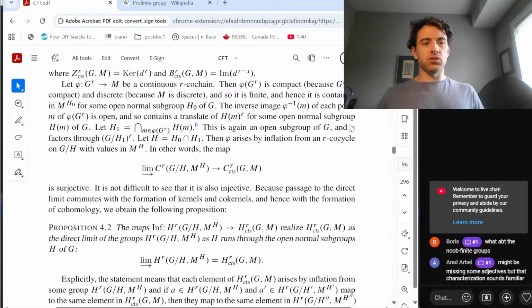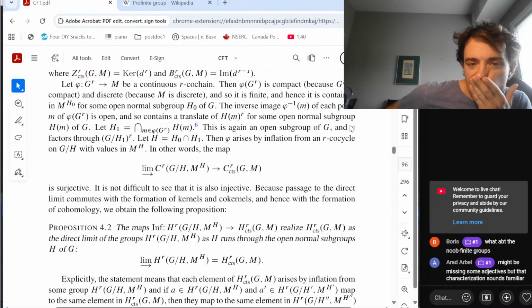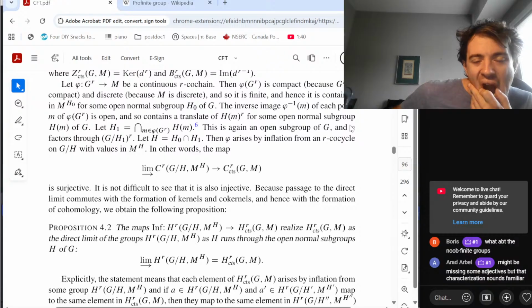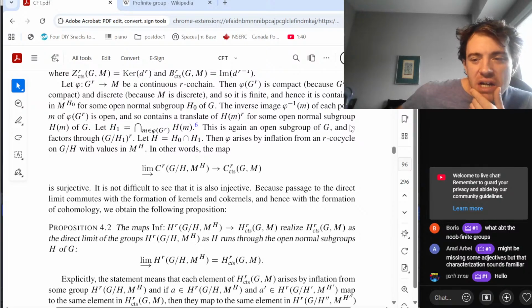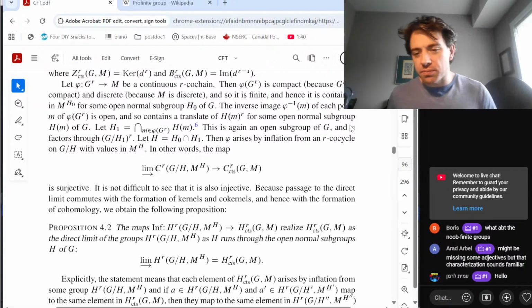So the inverse image of each point is open, and so contains a translate of H_M^R. What dost thou meanest? Now I'm a little confused. Hello, good morning.